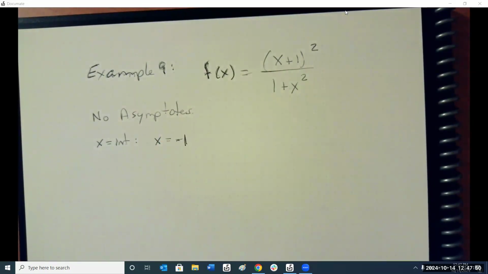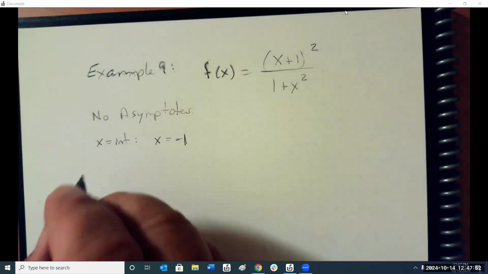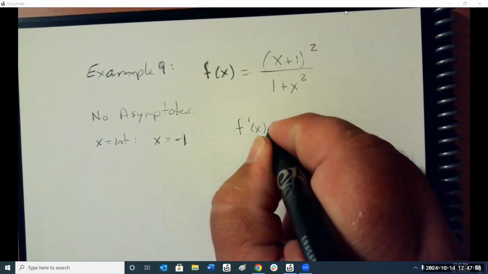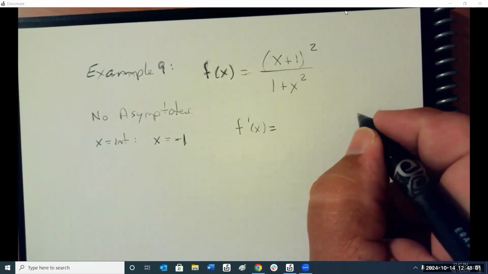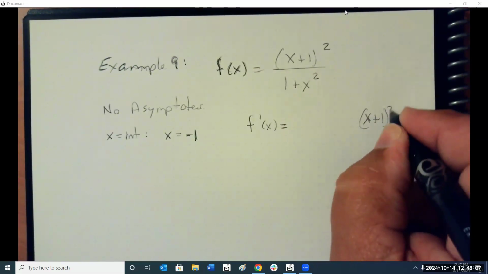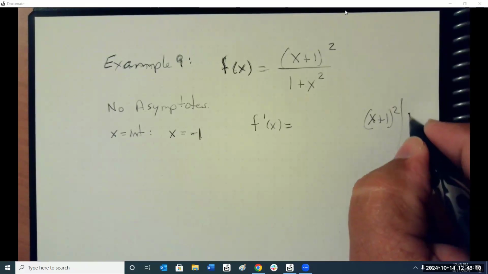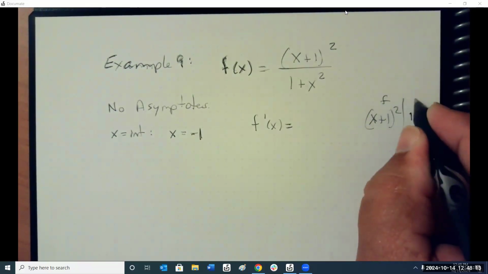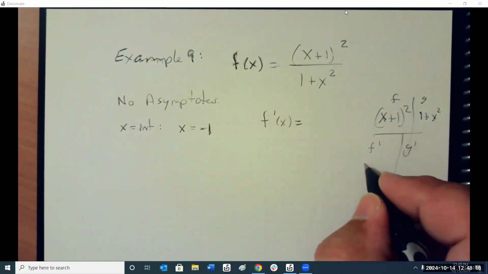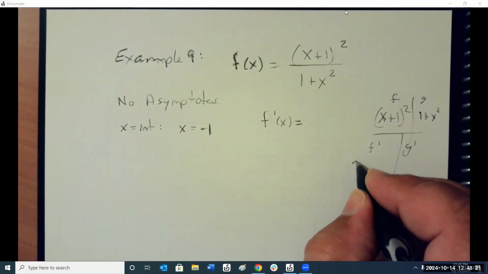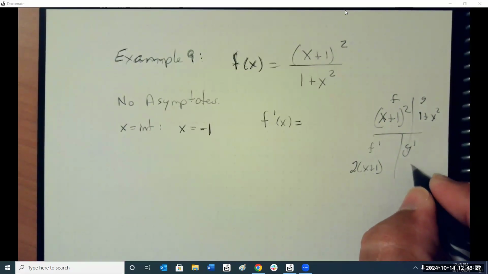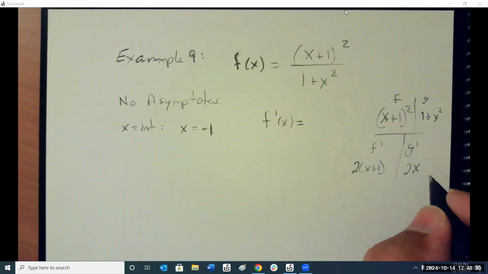x equals 1. So now we have to find the first derivative. That's x plus 1 squared, 1 plus x squared. This is f and g, f prime, g prime. So 2x plus 1, 2x.